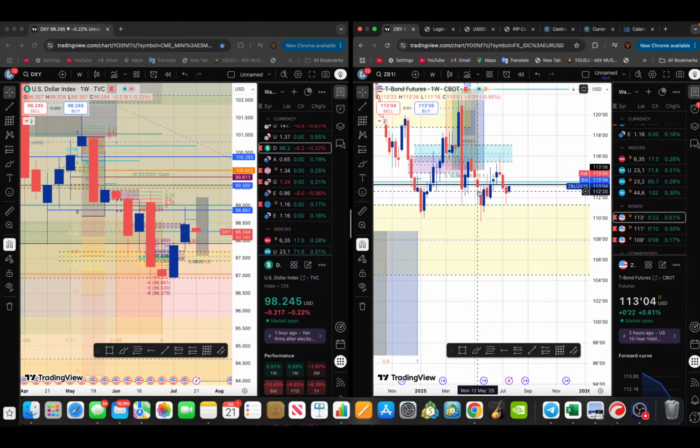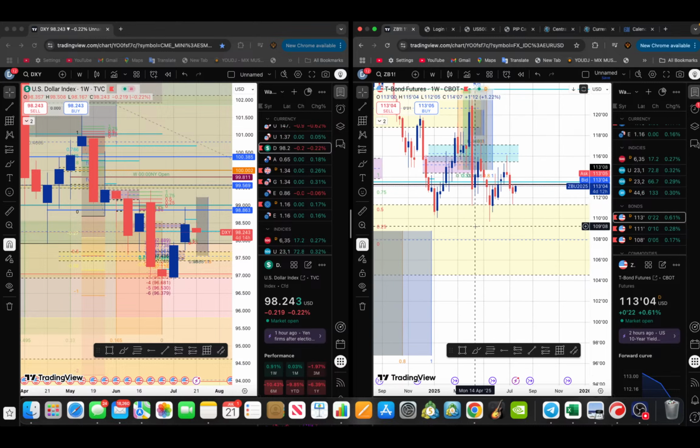This is the liquidity void. Respected that and starting to go higher. If we're going to see continued bearish movement from dollar, we need this fair value gap to turn into an inverted fair value gap by closing above it.